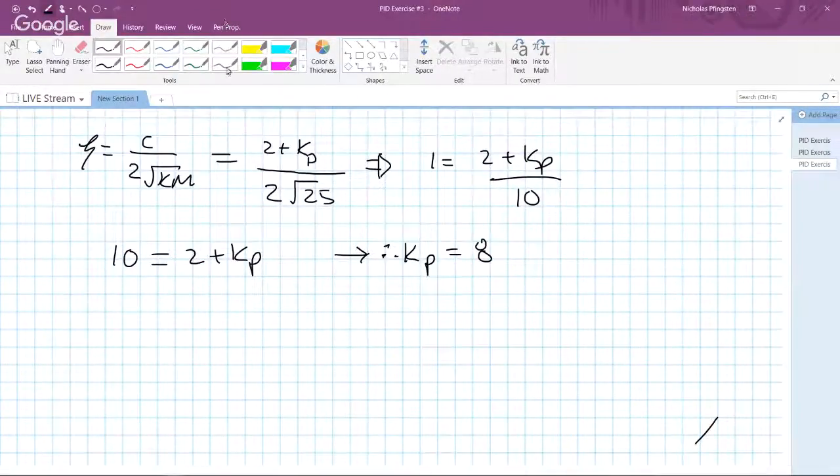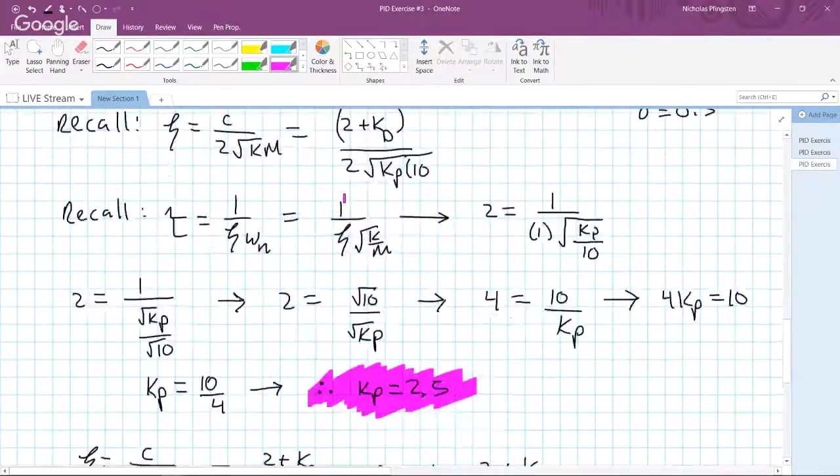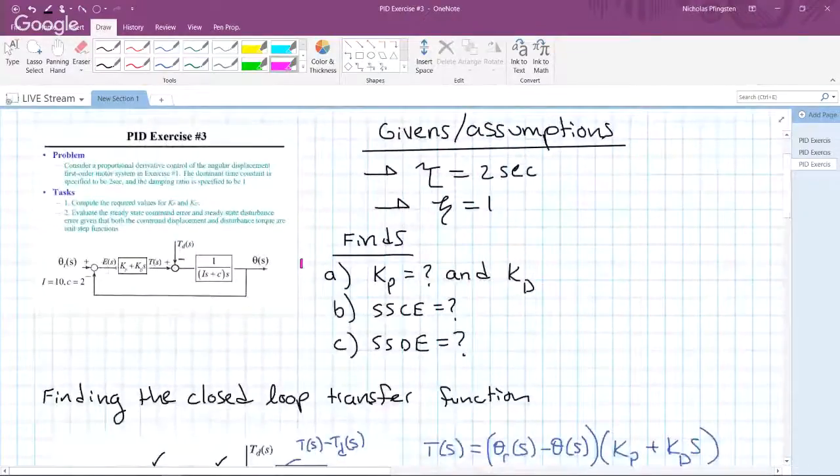Cool. We have kp value and our kd value. Okay. So yeah, this one's done.